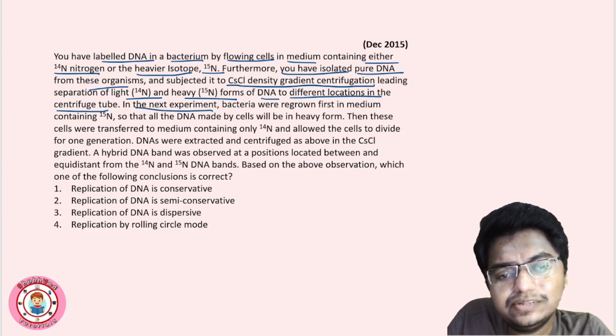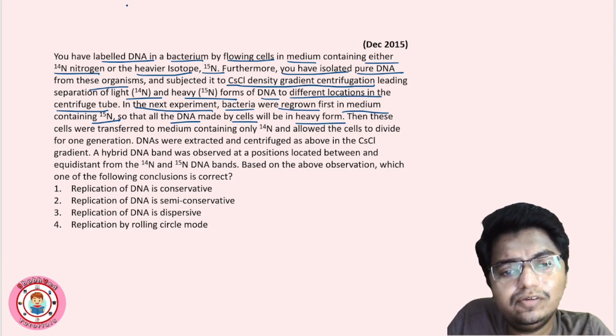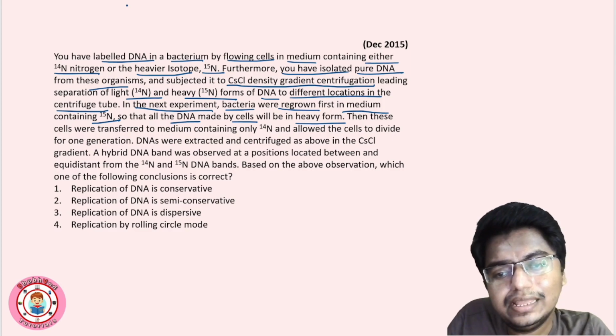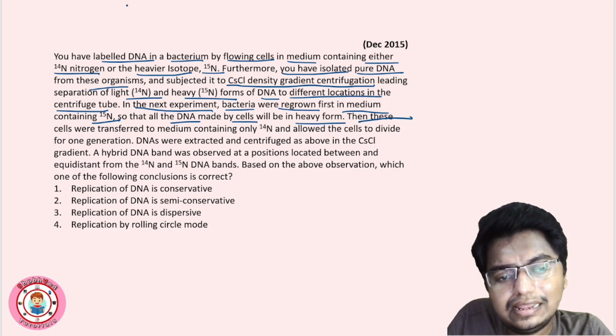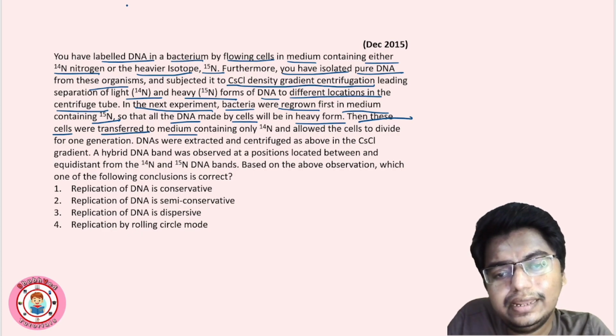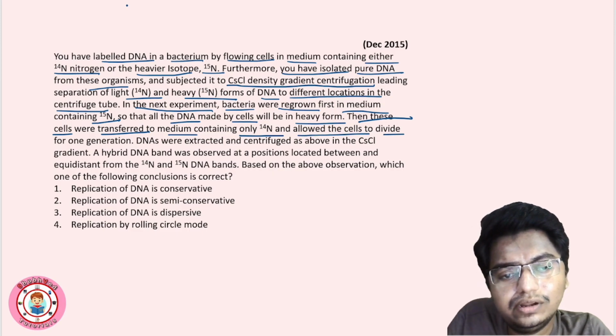In the next experiment, bacteria were regrown first in medium containing N15 so that all DNA made by the cells will be in heavy form, right? Grown in N15, the DNA will be in heavy form. Then these cells were transferred to medium containing only N14, the light nitrogen, and allowed to divide for one generation.